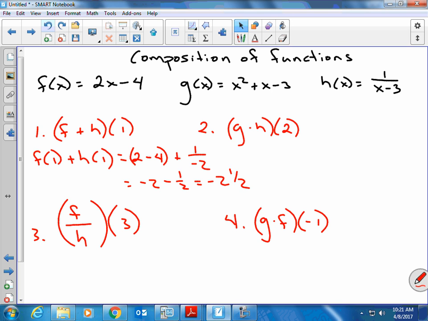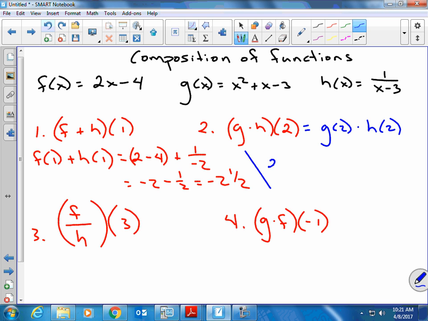Let's try g. What does this tell me to do? This says find g of 2, find h of 2, and multiply them together. G times h of 2. Find g of 2, find h of 2, and multiply them together. G of 2.